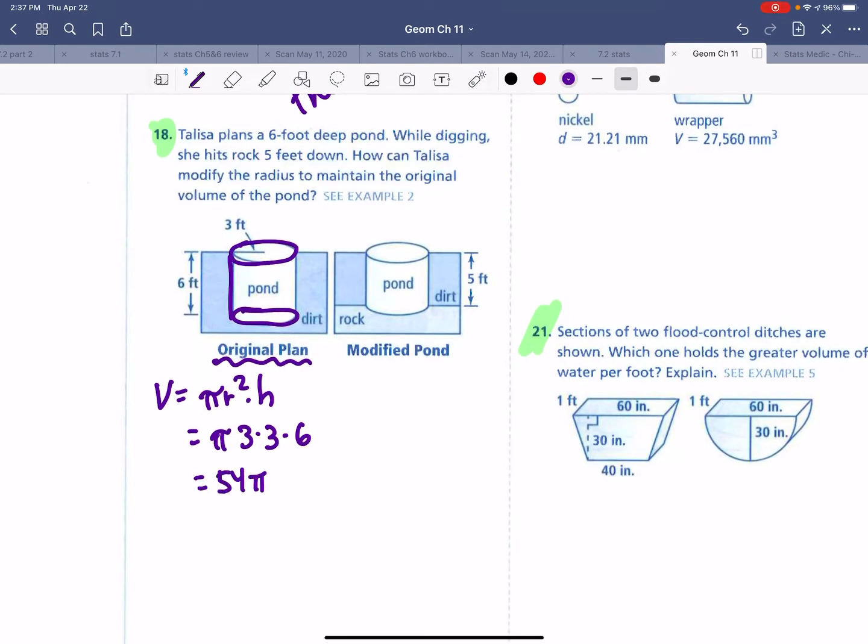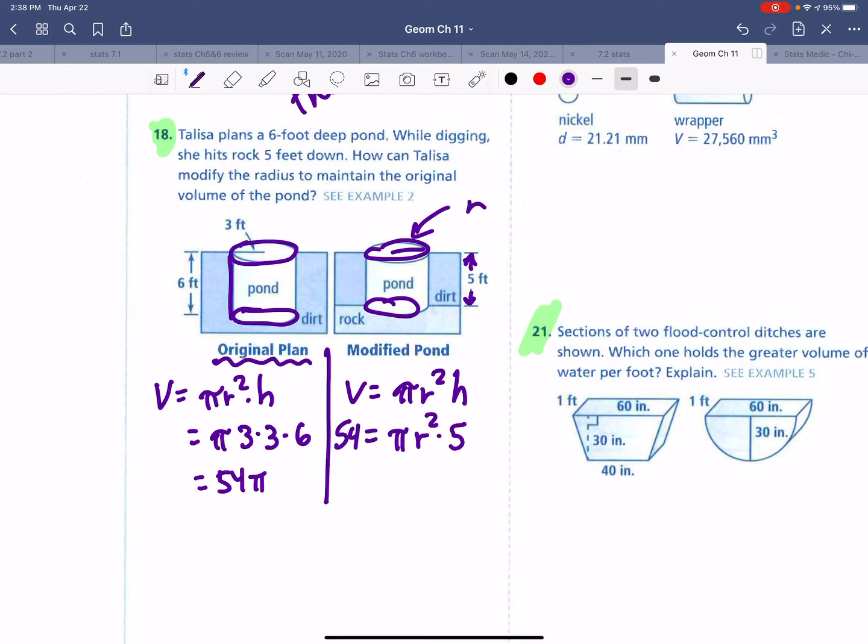Now let's compare. We want to maintain that volume. Okay, so this pond is the area of the base, so we don't know what this is, so we'll just call that r. Right? It's a cylinder, so same formula. And however high I stacked it, and it looks like it's 5 high. And I want this to be 54 pi.